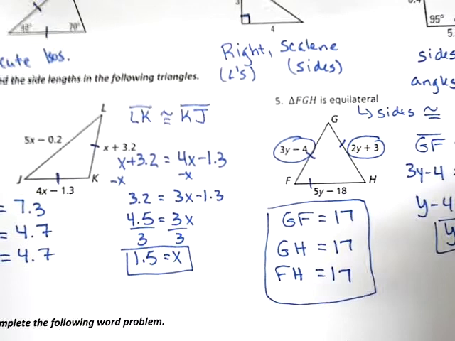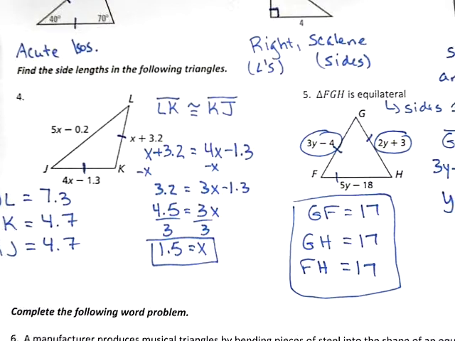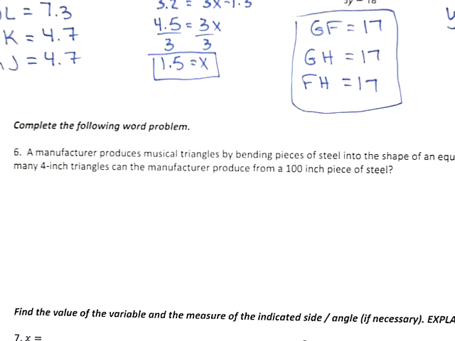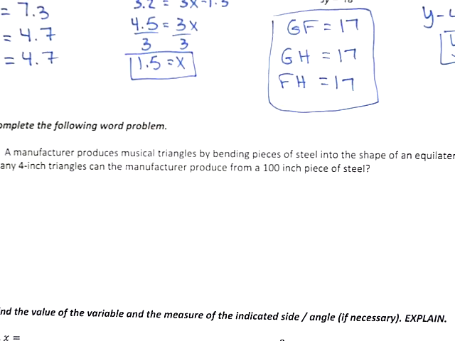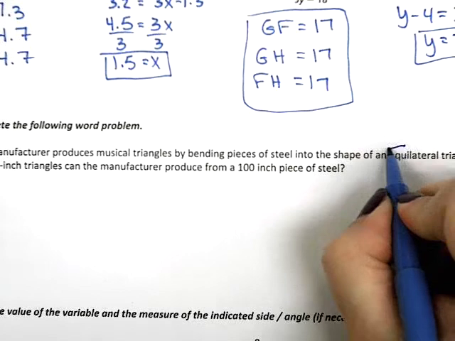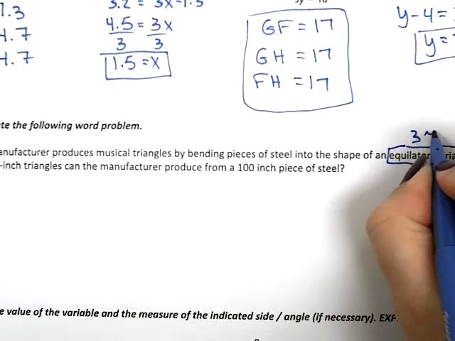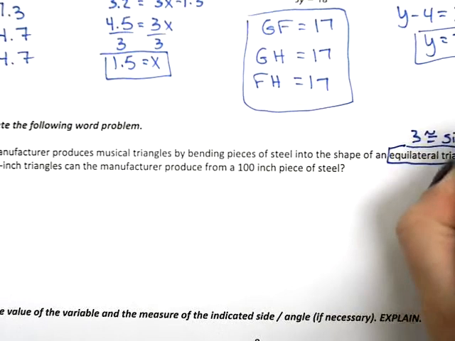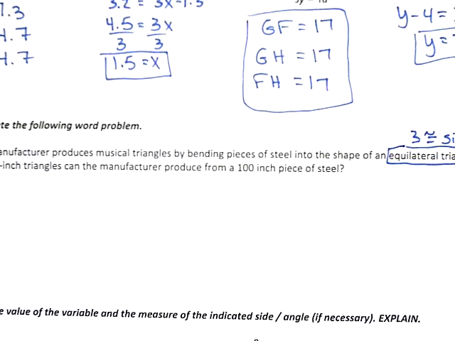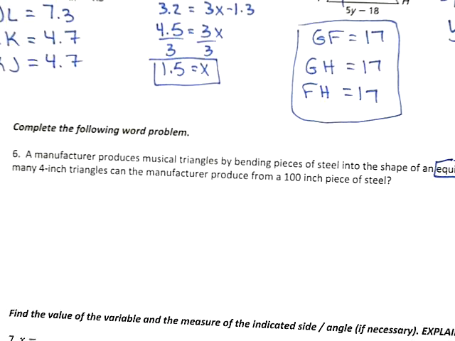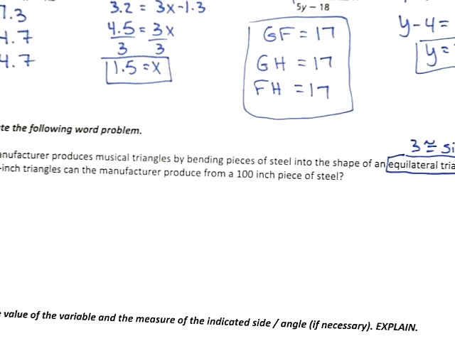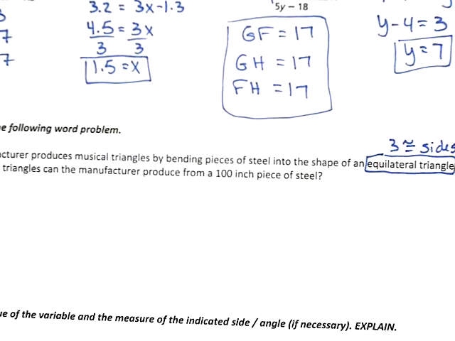All right, so take a look at number 6. A manufacturer produces musical triangles by bending pieces of steel into the shape of an equilateral triangle. So equilateral is important. Equilateral means that we have 3 congruent sides. So how many 4-inch triangles can the manufacturer produce from a 100-inch piece of steel?